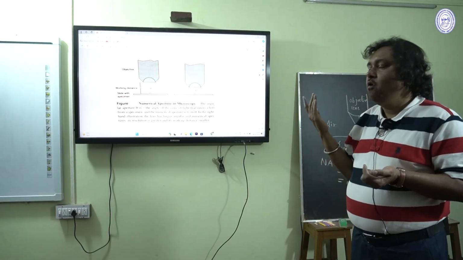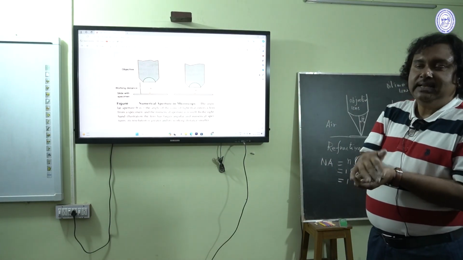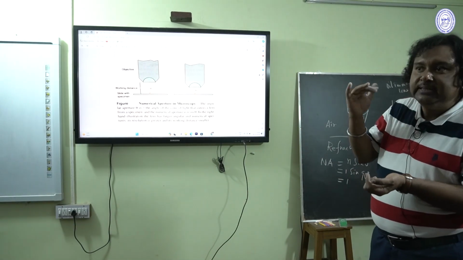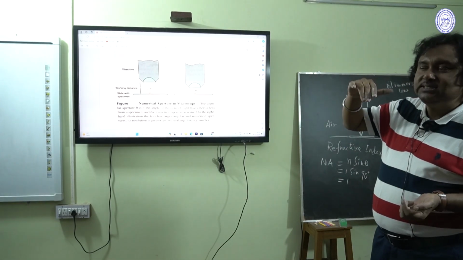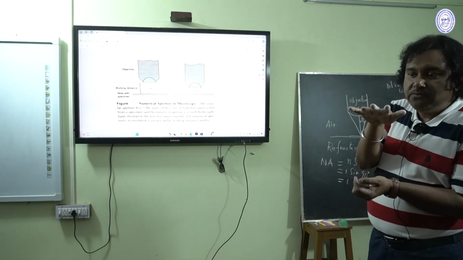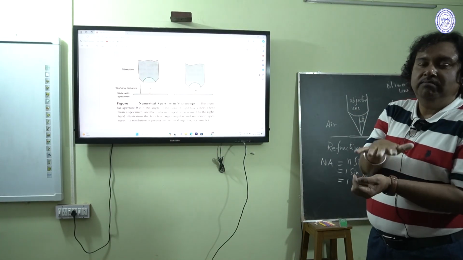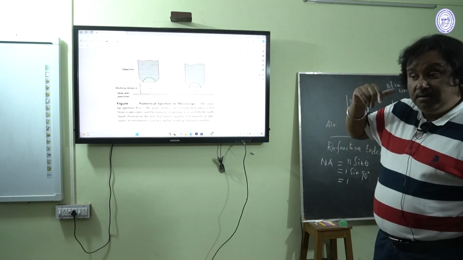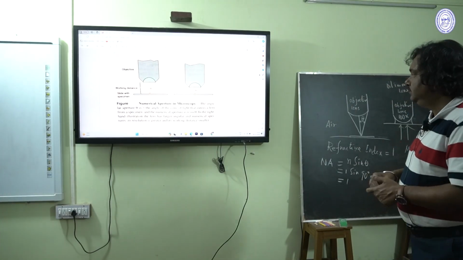In the case of 4x, the number of elements is lesser. In 10x, it is quite higher. In 40x, it is higher. And in 100x, many lenses are fused to form the objective lens, and its length is much higher.